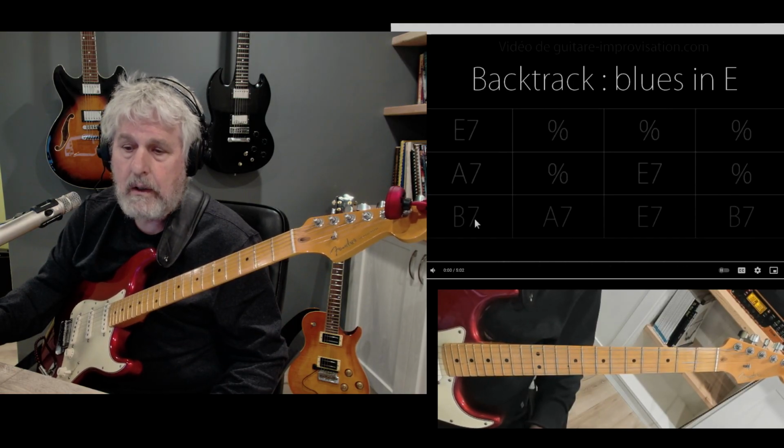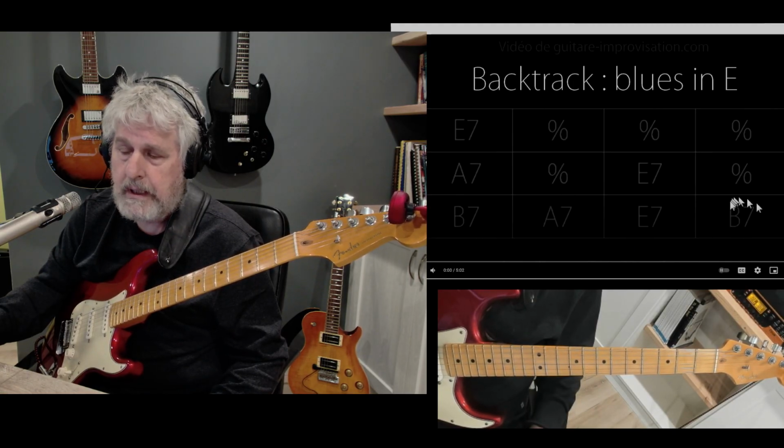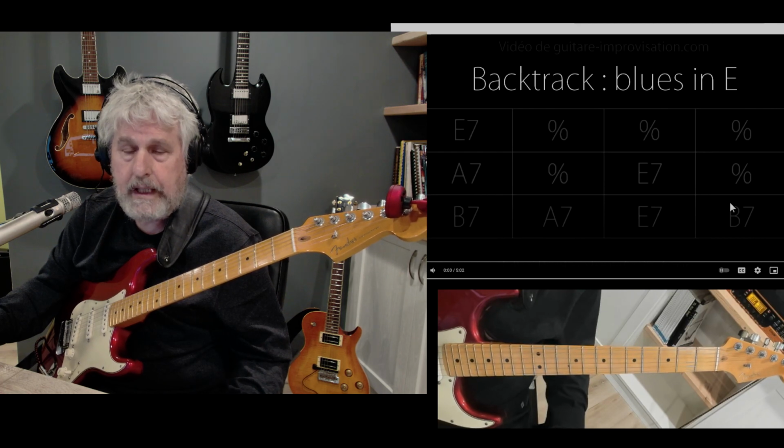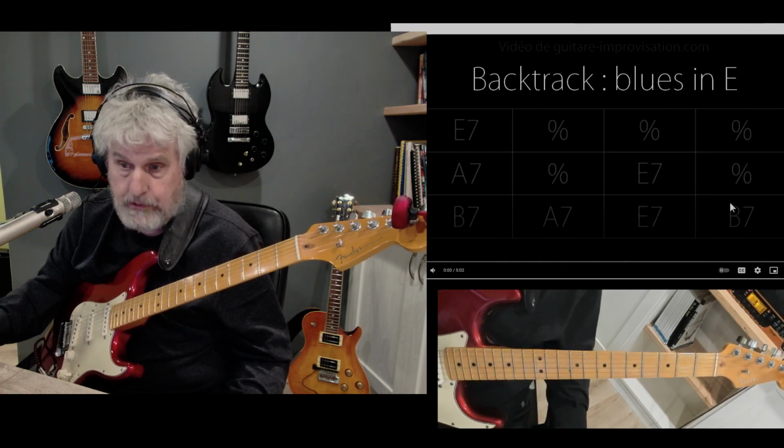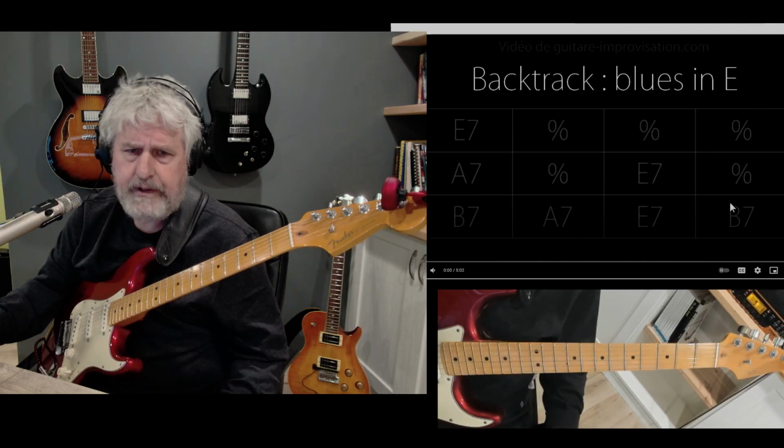And then here, because I'm only playing 1 measure each time at the end of this blues, I have to take that figure down by a measure. So I half it.